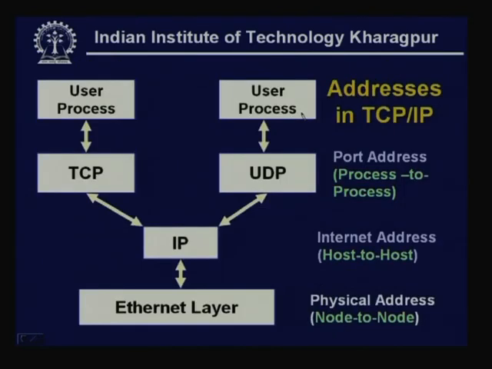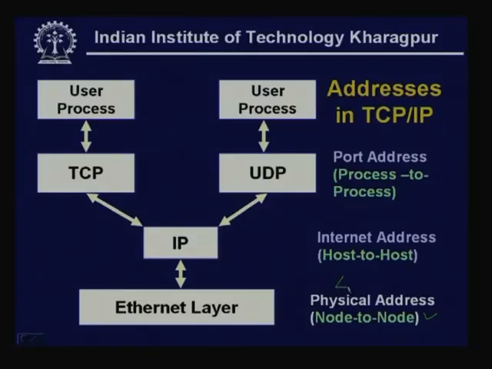We have already discussed two types of addresses. The physical address is used by the data link layer. For example, in local area networks we use the physical address, and as we know the physical address is 48 bit, that is the Ethernet address.